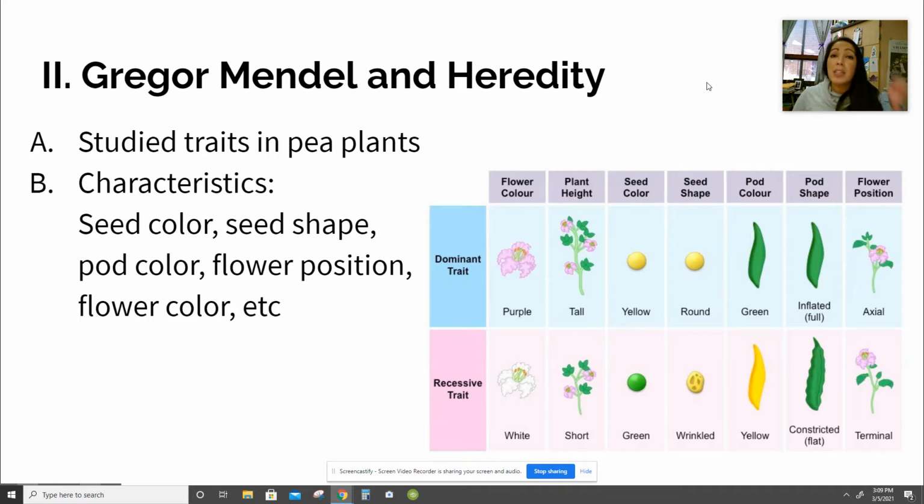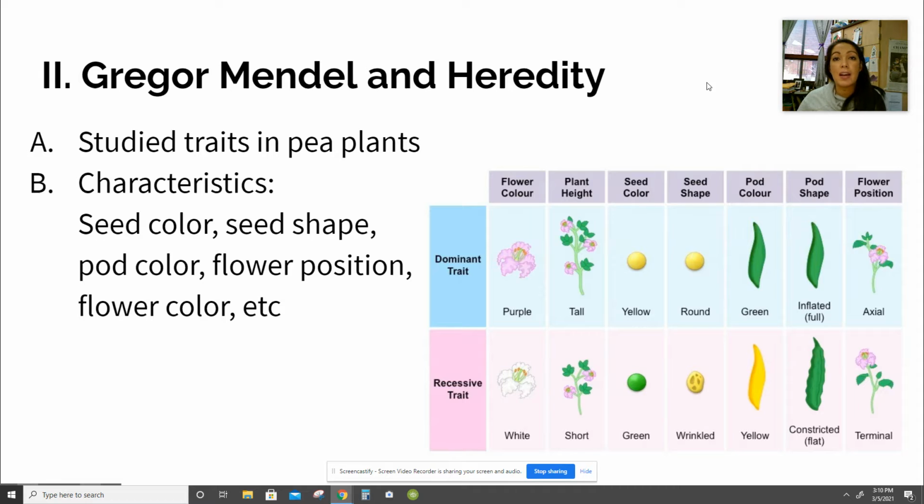Some of the characteristics that he looked at were things like the color of the seeds, or the color of the actual peas in the pods. So the seed color, yellow or green, the seed shape, some peas are round, some peas are wrinkled, pod color, green or yellow, flower position, flower color.